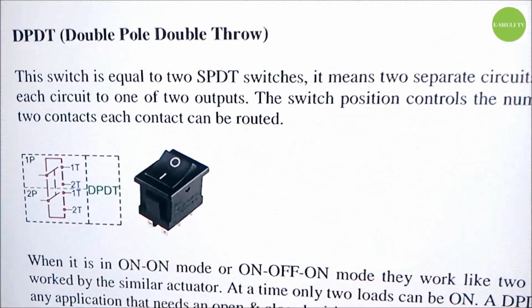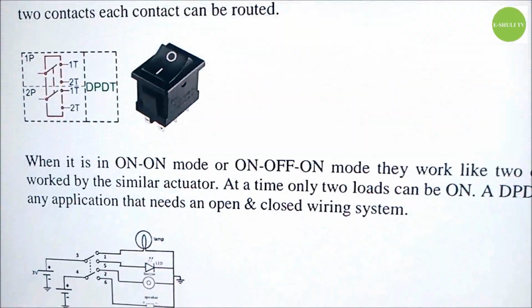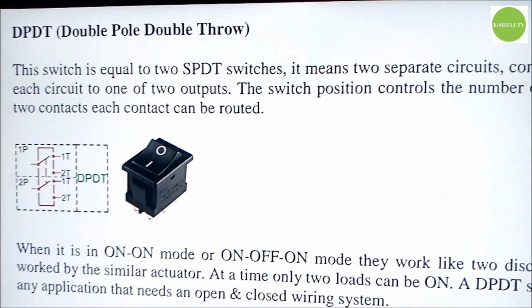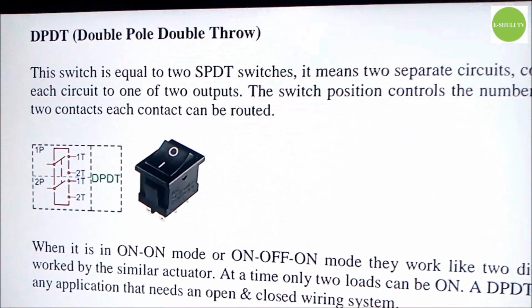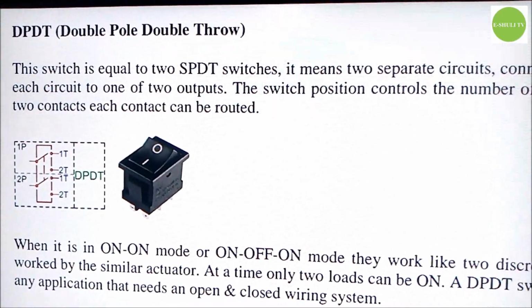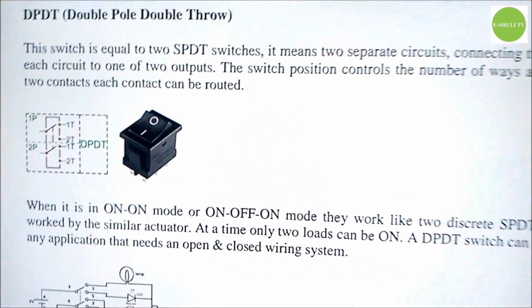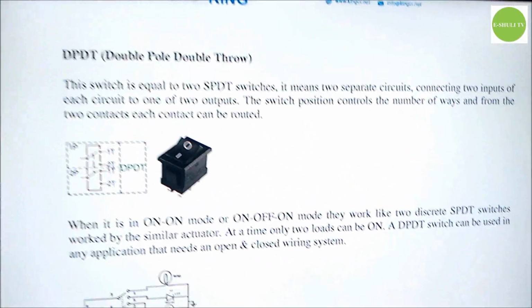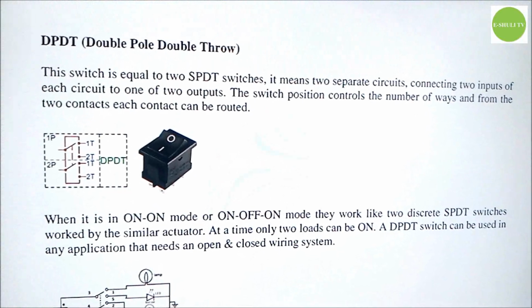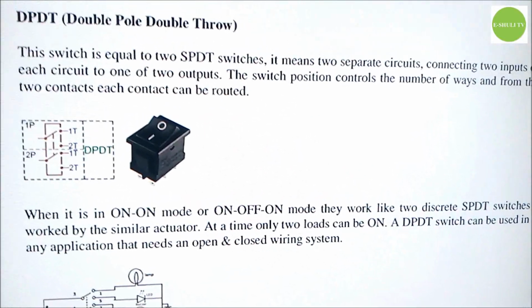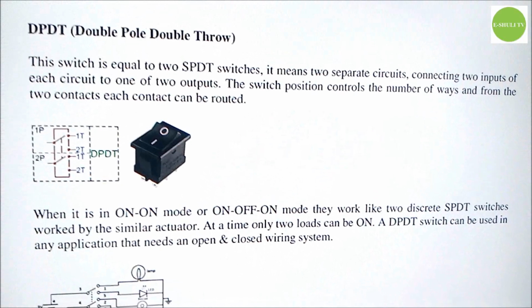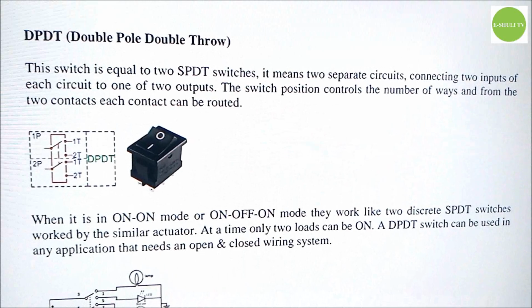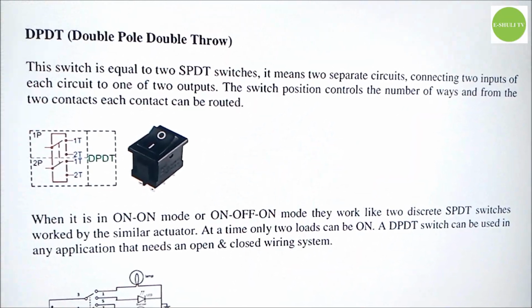So let's go to the next, double pole double through. This switch is equal to a single pole double through switch. It means two separate circuits connecting two inputs of each circuit to one of two outputs. The switch position controls the number of ways, and from the two contacts, each contact can be routed.